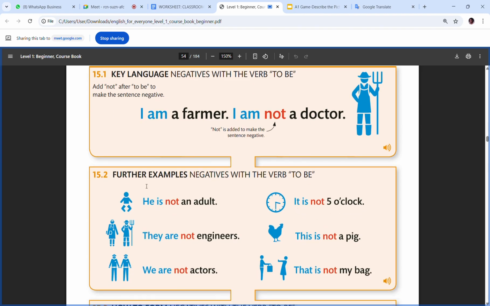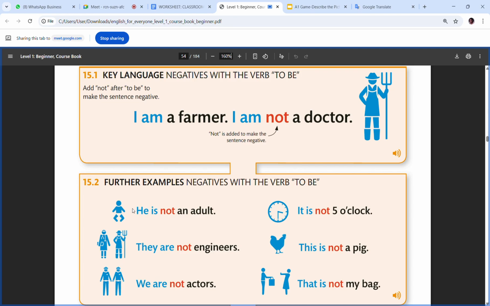So let's look at more examples here with the verb to be. He is not an adult. Can you see the picture? Let's look at that picture. Can you see the picture? Yes.